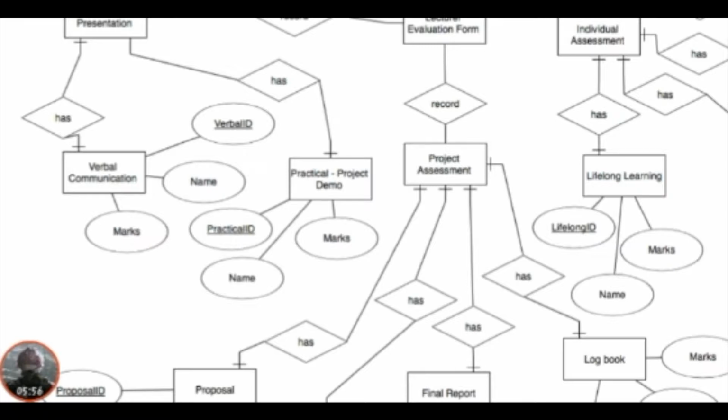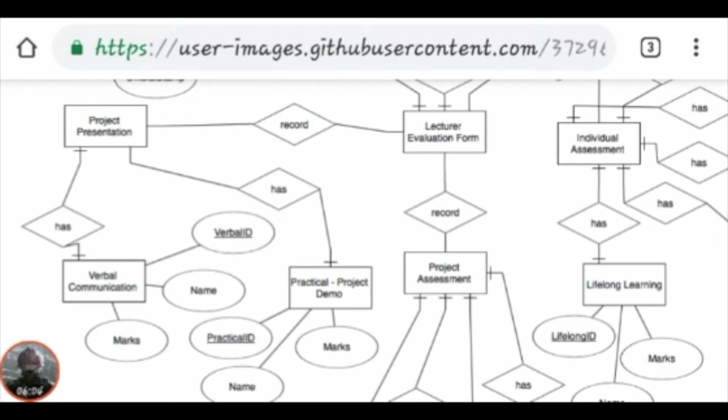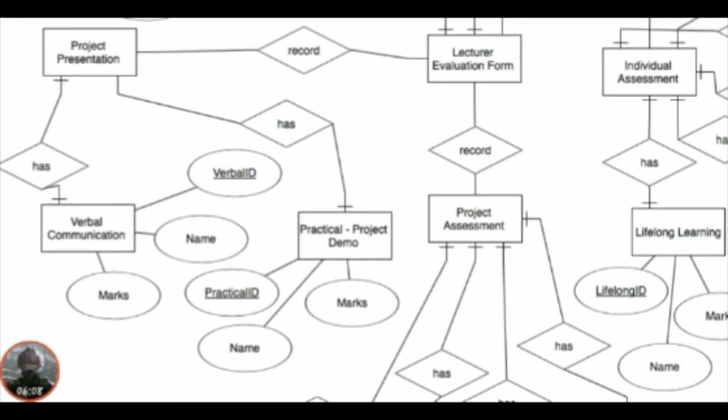The same goes for this: name and marks are not primary keys. The second is that project presentation has verbal communication. Verbal communication is the same as the previous entity, where verbal ID is the primary key, while name and marks are not primary keys.